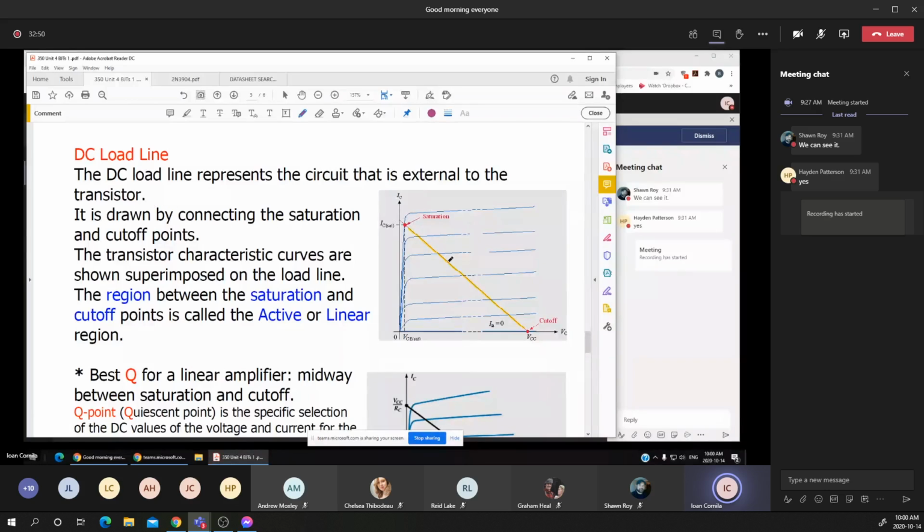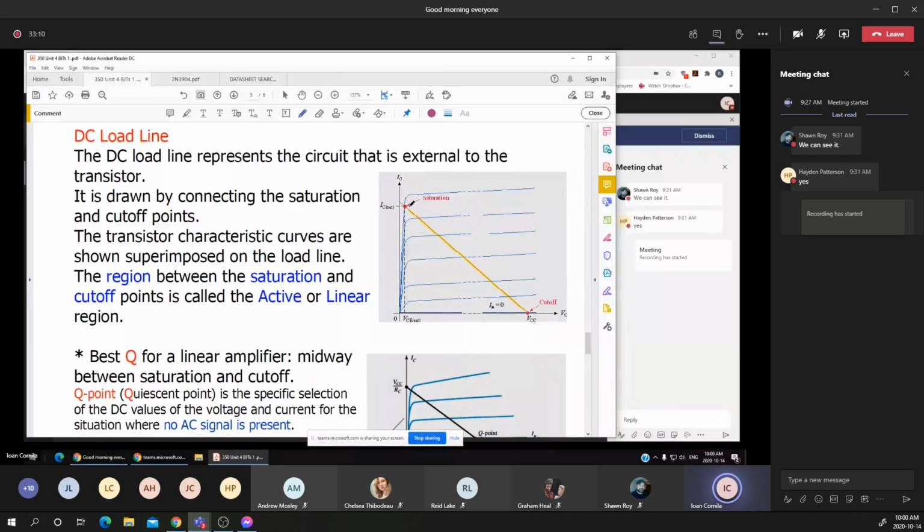I mentioned that when a transistor is placed in the circuit, knowing IB and the load line, we can determine the behavior of the transistor, how it will work in AC applications.